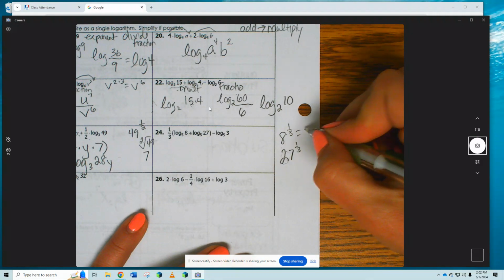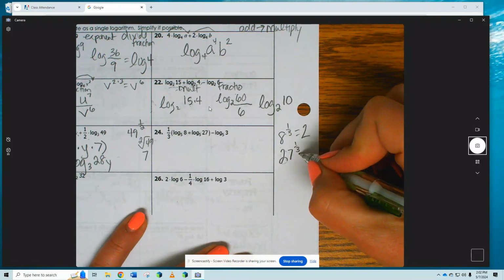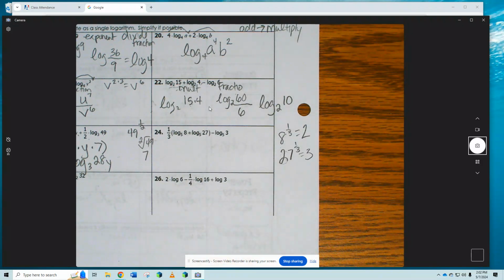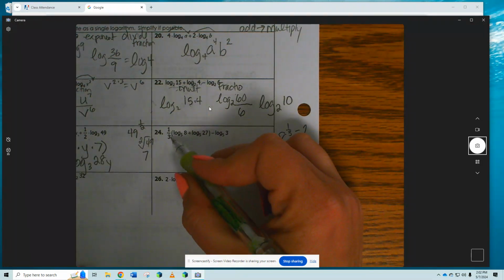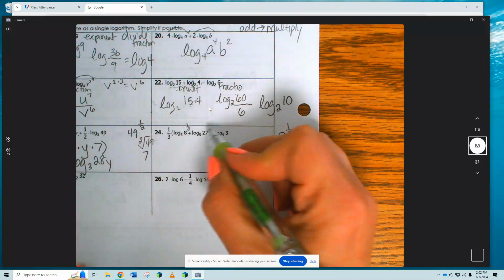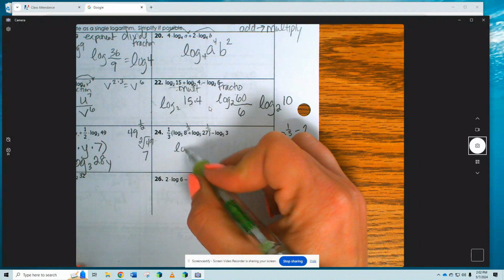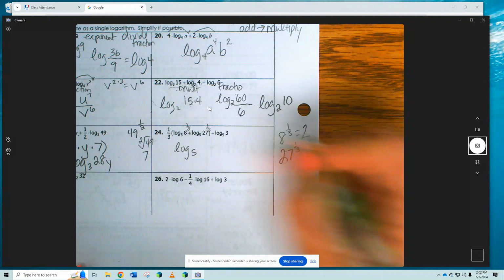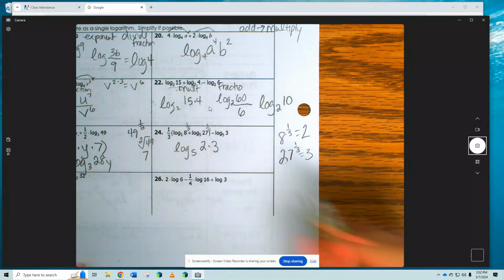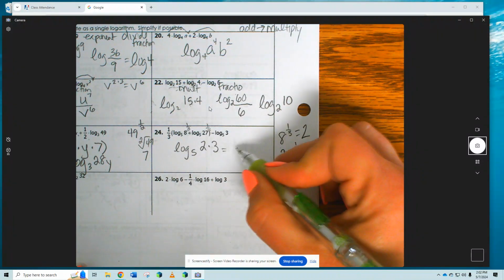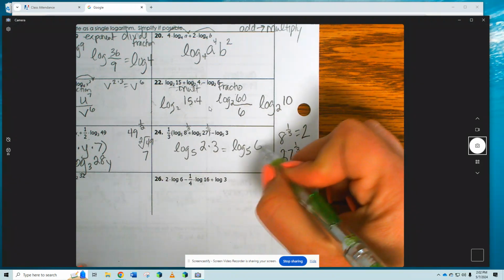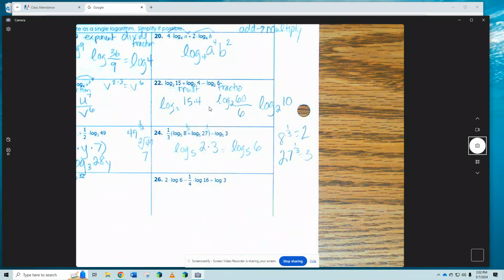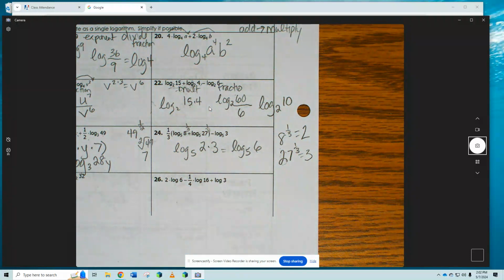No. I'm going to make 8 to the 1/3 of 2 and 27 to the 1/3 of 3. And I'm going to multiply just 2 times 3. Log base 5 of 2 times 3. Log base 5 of 6.